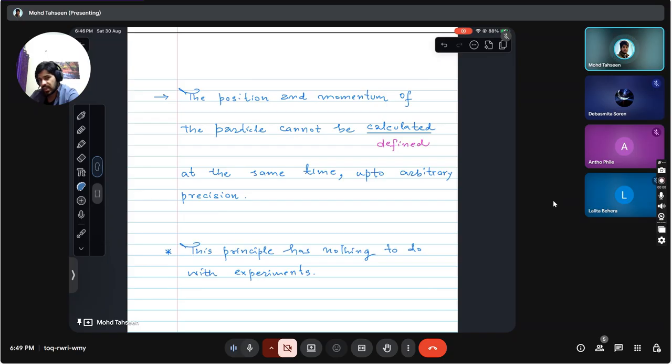And let's say that at time equal to 0 its position is x equal to 0, and as it starts to move, at any time t, its position will be given by vt, where v is the velocity, right? And its momentum will be given by mv. So we know its position and momentum for its entire duration, right? And there is no uncertainty there, right?